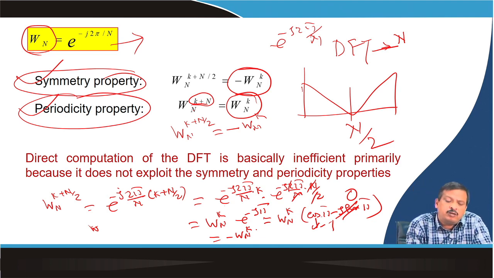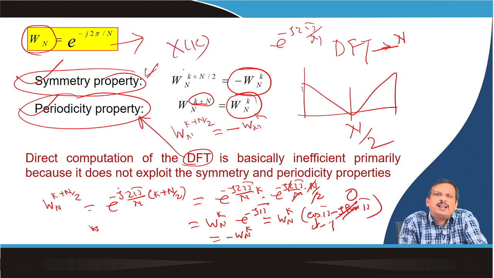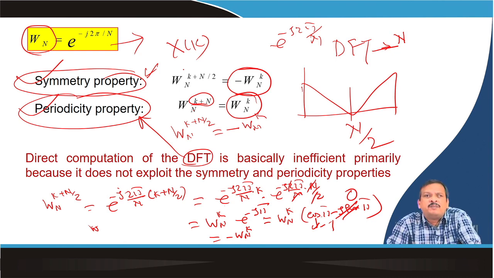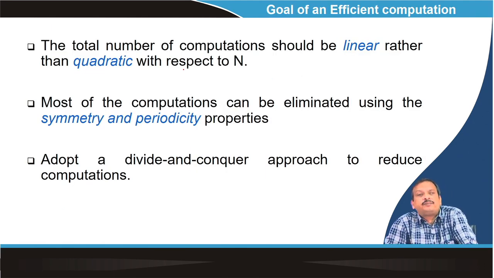When I directly compute the DFT, we are not using this, we compute all X of k, but it may not be required. So using that redundancy information, can I do that? So that is called the fast Fourier transform algorithm.